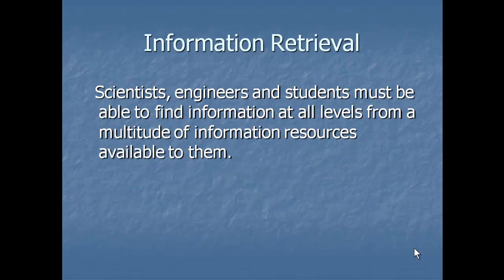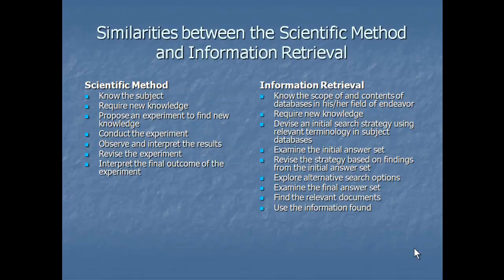When you're looking for information, you need it at all levels. It might be basic information or state-of-the-art information. So you need to know what resources are available to you and how to use them. There are similarities between the scientific method and the method that you use to retrieve information.